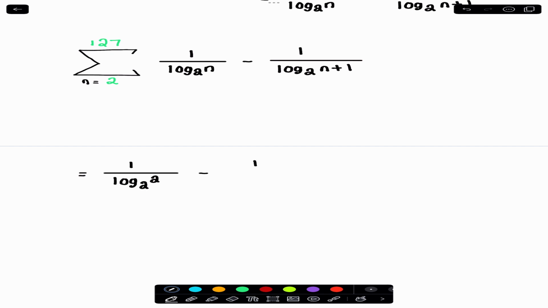Which would give this term here. And then we're going to increase to n equals 3.